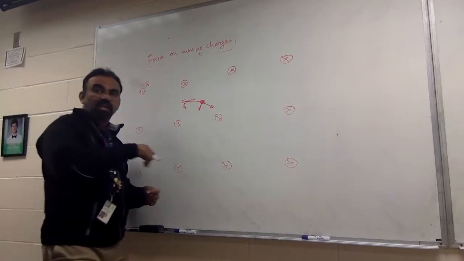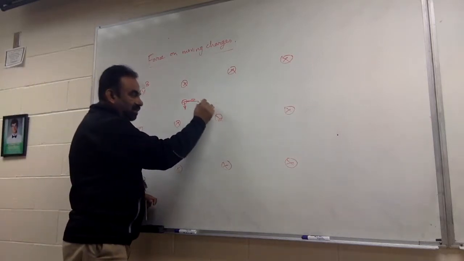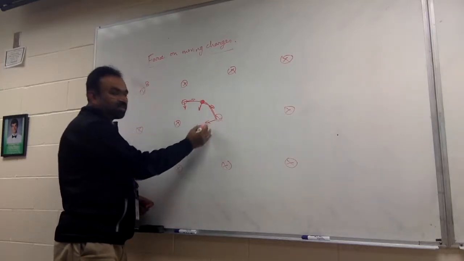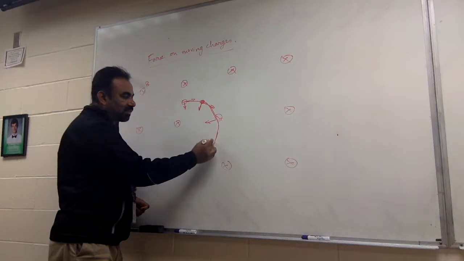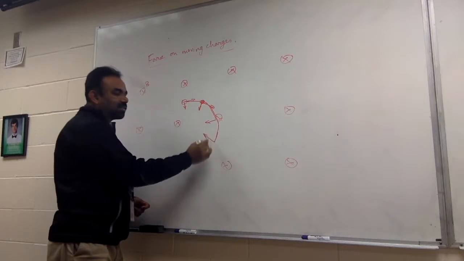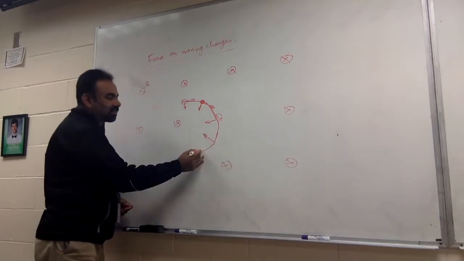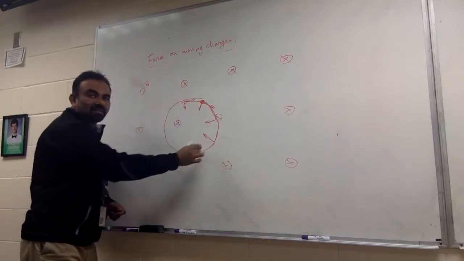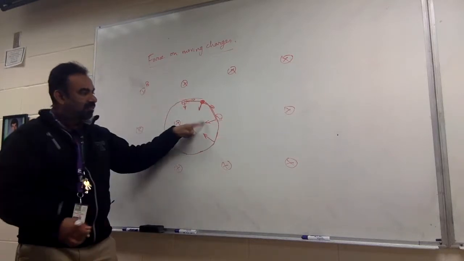What will happen because of that force? It will deflect further. Then the force will be in this direction. It will deflect further. Then the force will be in that direction. And it will keep deflecting. Can you tell me another name for this force?